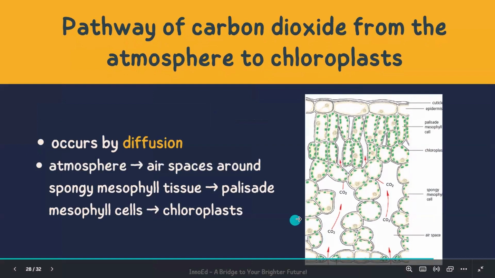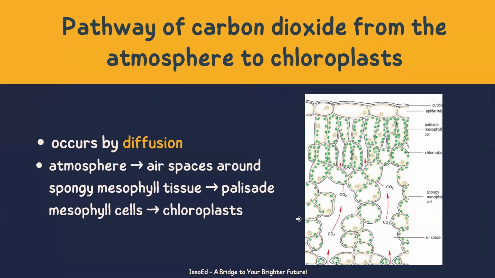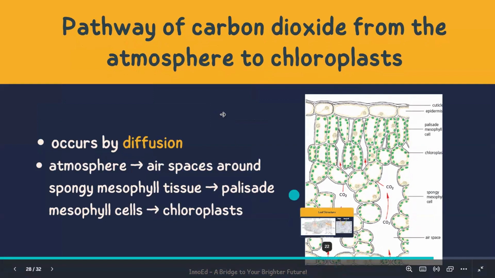Now let's look at the pathway of carbon dioxide from the atmosphere to the chloroplasts. This occurs by diffusion. So, according to the title here, the pathway will start from the atmosphere.